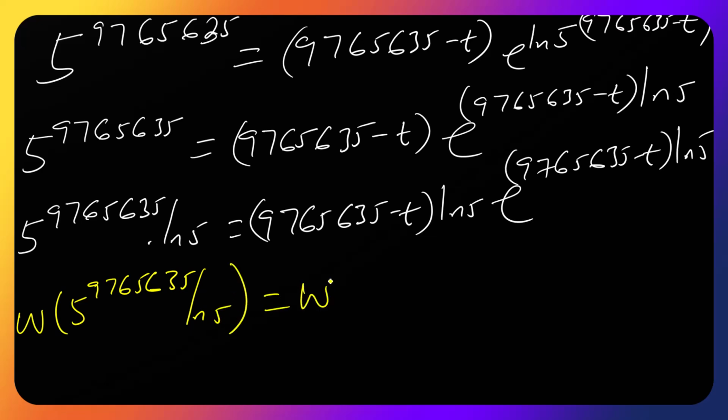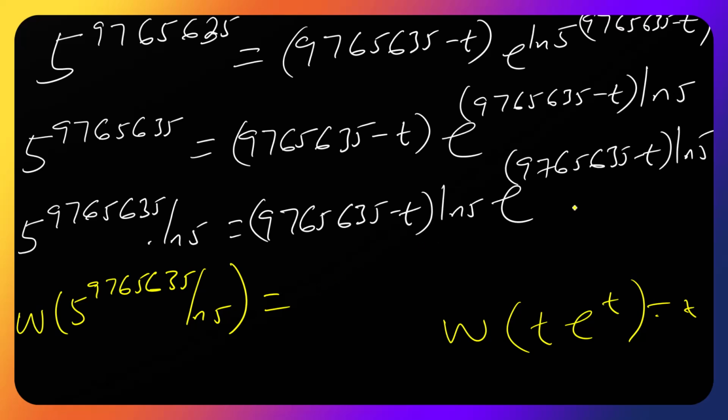So let's understand this. When you take W function of t times e raised to power t, the answer is t. So taking W function of this one, the answer will be one of them.